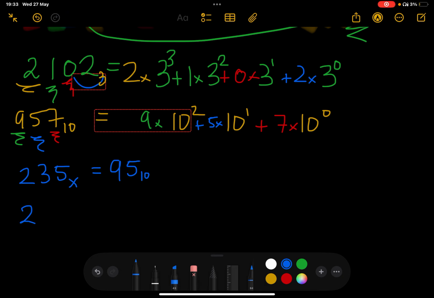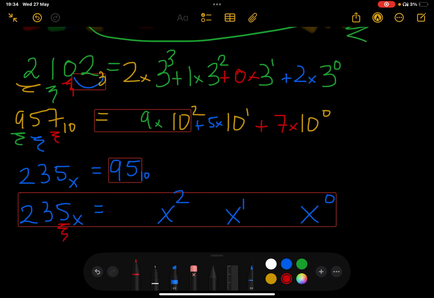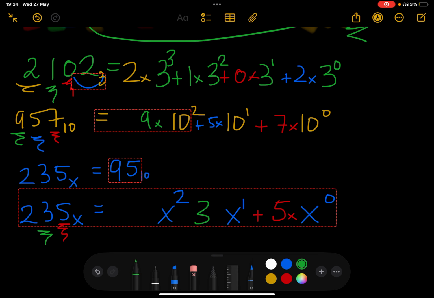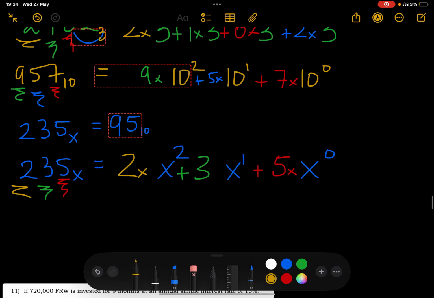Okay, so for 235 in base x, we're going to put x to the power 0 here, x to the power 1 here, x to the power 2 here. This 5 goes here, this 3 goes here, and this 2 goes here. Okay, and then this is equal to 95.